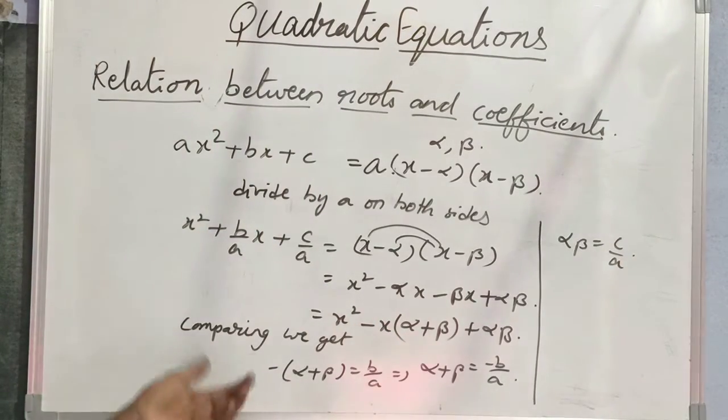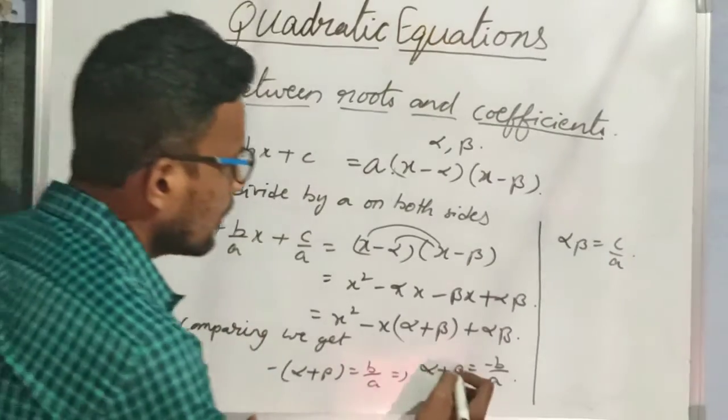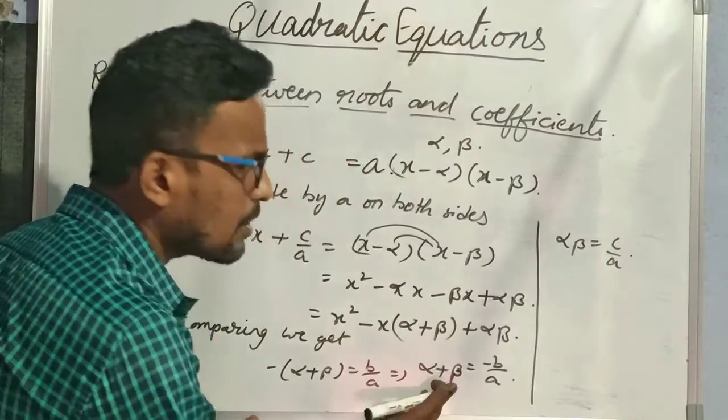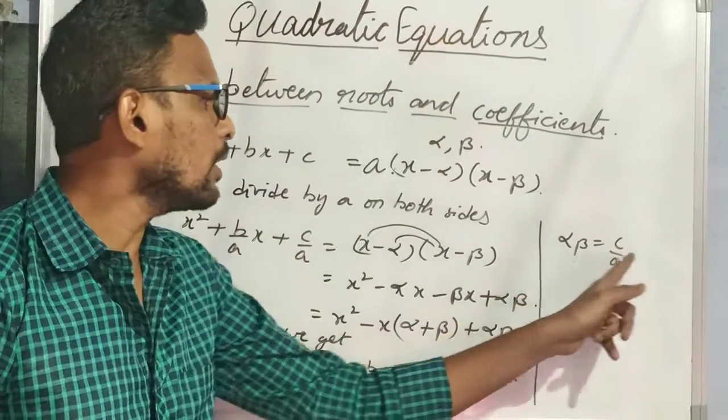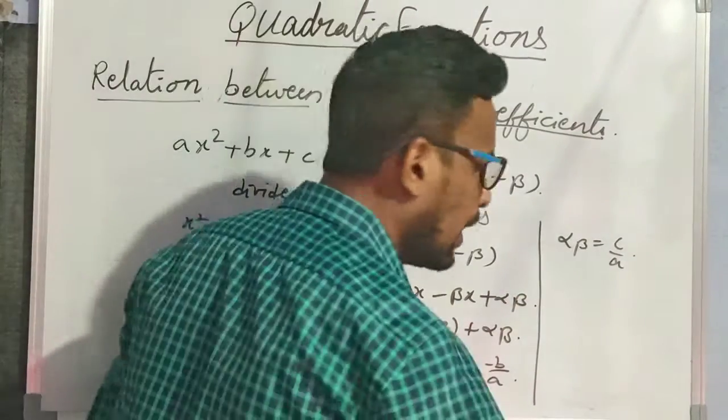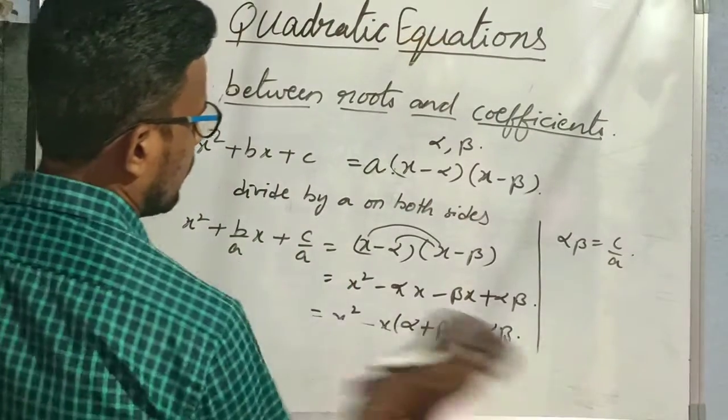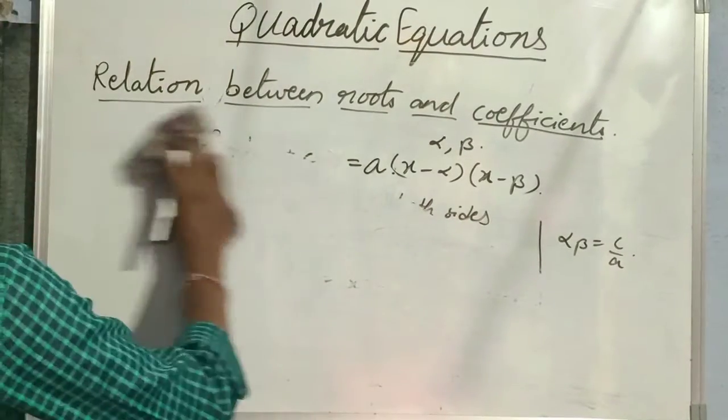Clear? So from this we are getting that the sum of the roots, that is alpha plus beta, is equal to minus b by a, and the product of the roots is equal to c by a. Okay. So I am erasing this and writing here.